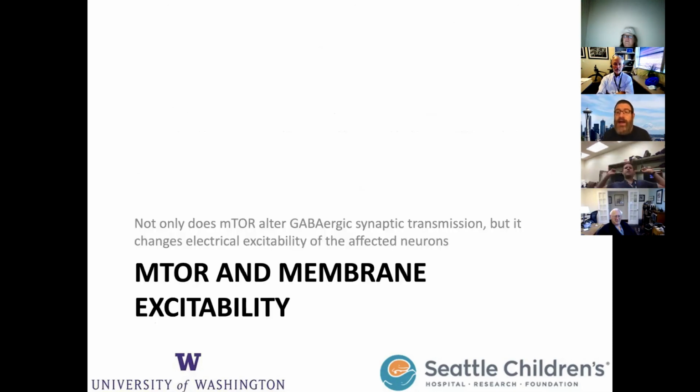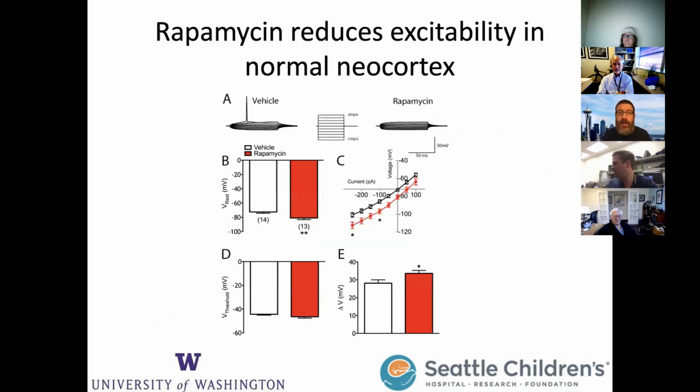Finally, it not only affects synaptic activity, but it also affects membrane excitability. And that's the intrinsic excitability of a neuron when they're stimulated to evoke action potentials. So what you see here is cells that are treated with rapamycin are more hyperpolarized at rest. That's what this is right here.